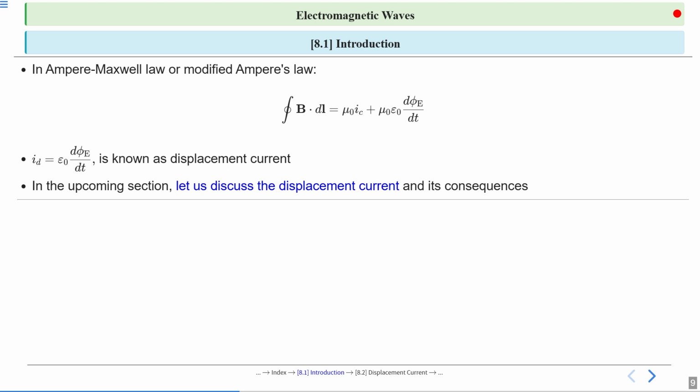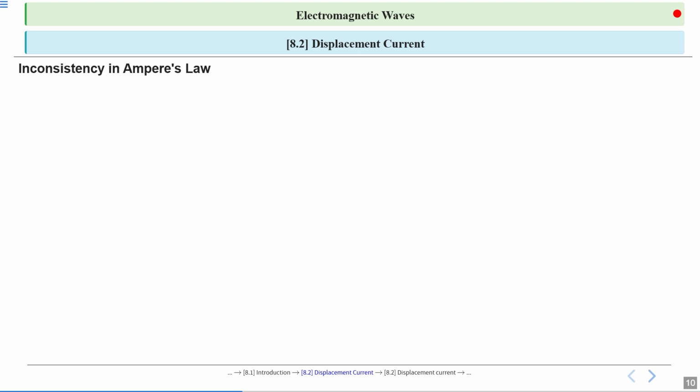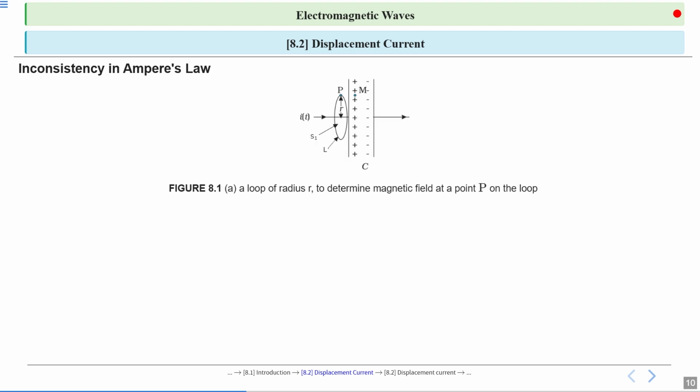In the upcoming section, let us discuss the displacement current and its consequences. So what was the inconsistency in Ampere's law? In figure 8.1a, we have a loop of radius r. This is a parallel plate capacitor, and its plates are connected to a source providing time varying current, not fixed current.